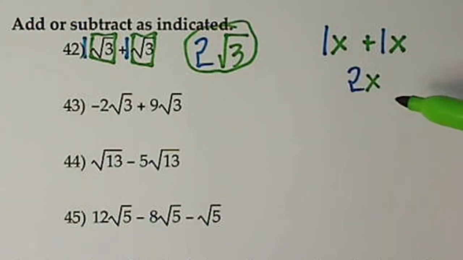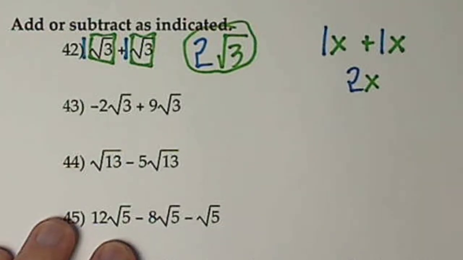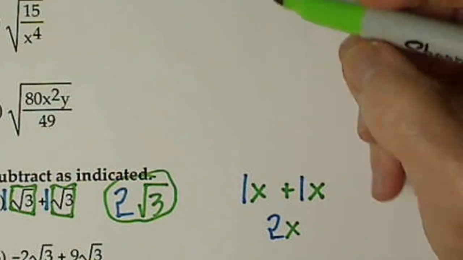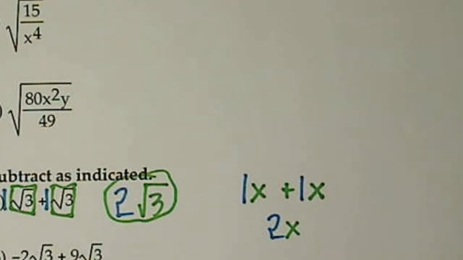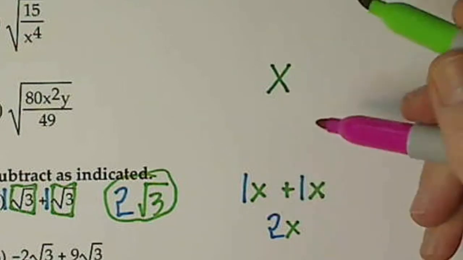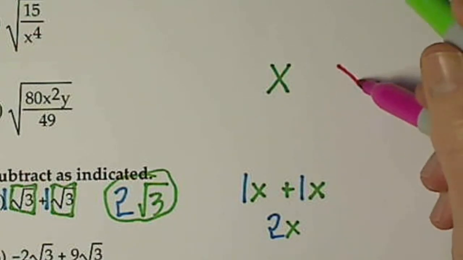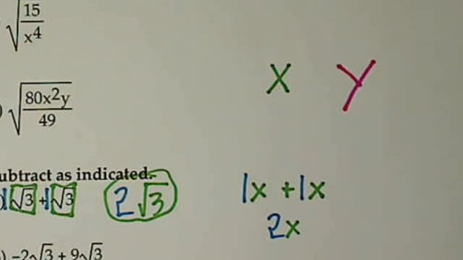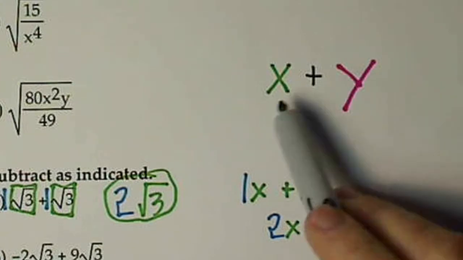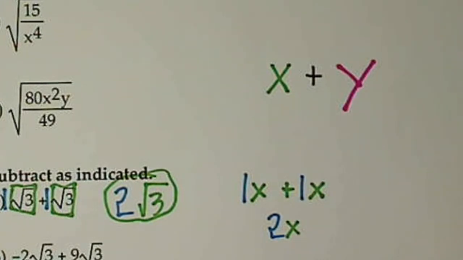All right, and just as I would, if I had, let's say, x plus y, there's no way to add them because they're not like terms.